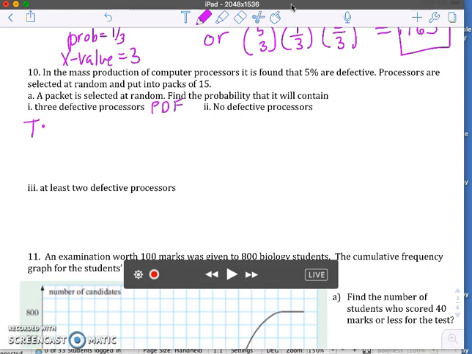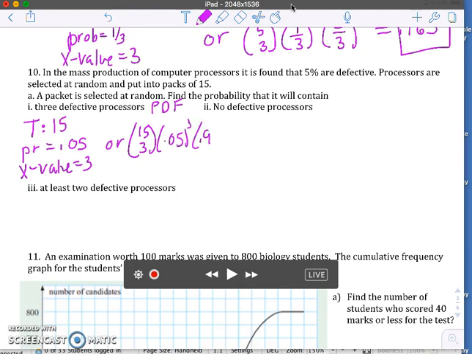So our total, 15. The probability would be 0.05, and our X value would be 3. Or we could do 15 choose 3 times 0.05 to the third times 0.95 to the 12th.